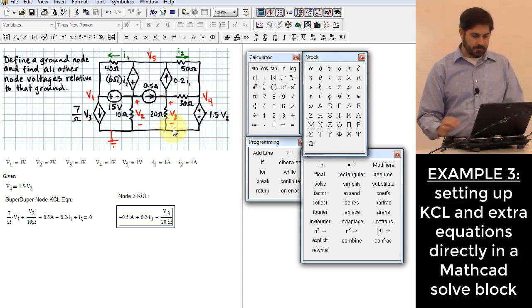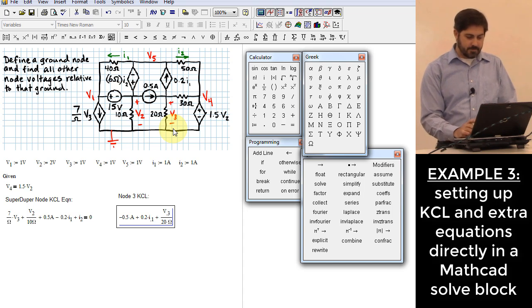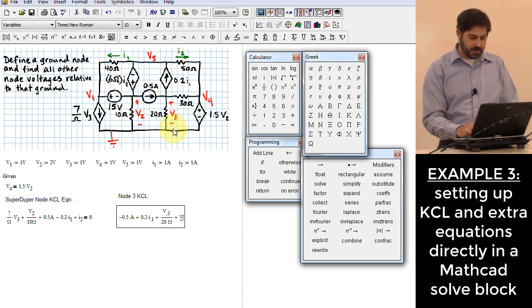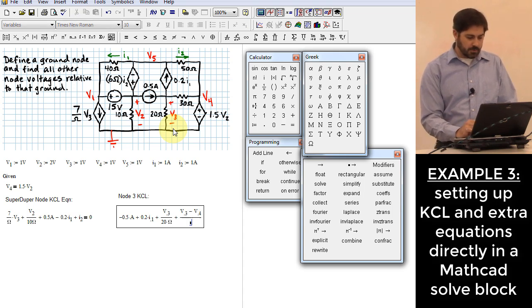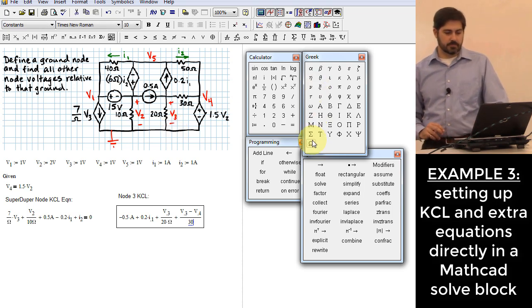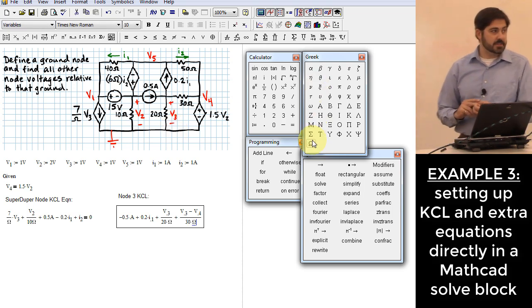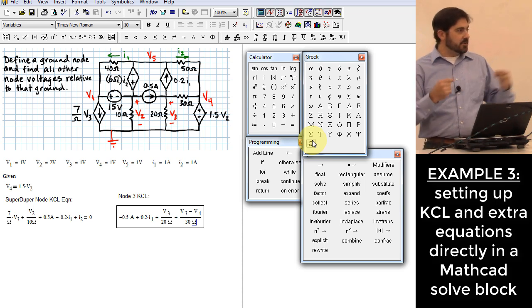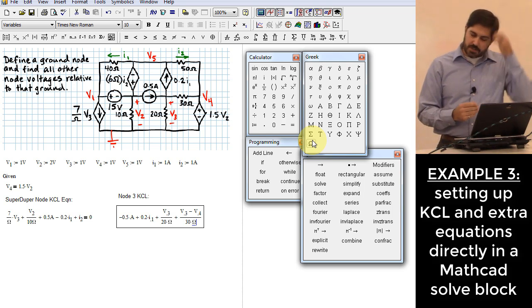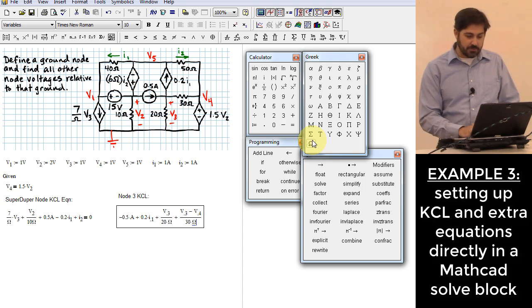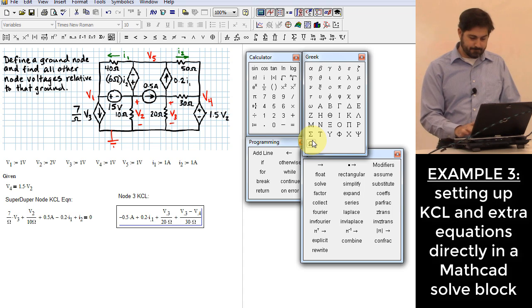Then what? Plus V3 minus V4 over 30 ohms. Okay, it looks to me like there are 4 paths into and out of that node, and so we've got 4 terms there. Looks like we're probably in good shape.